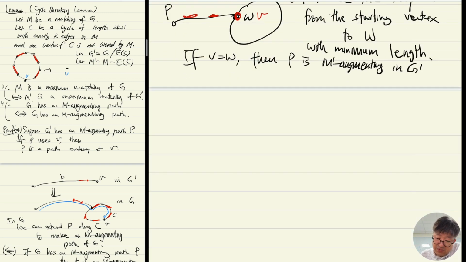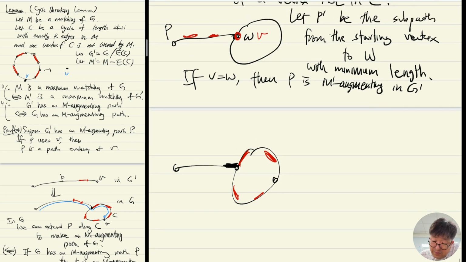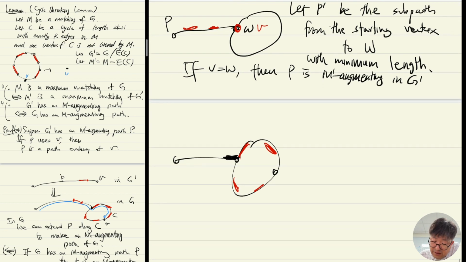So we may assume that V is not equal to W, so that means the last edge is black and you go around, right? There are edges going around. But again, in this case, P prime is this part, and it's still an M prime augmenting path.